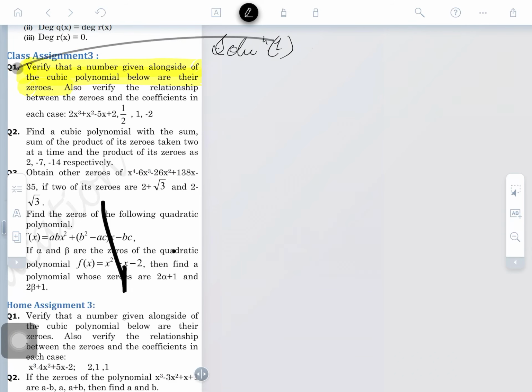So the polynomial p of x, what is p of x? The p of x is 2x to the power 3 plus x square minus 5x plus 2. This is the polynomial, and we have to check whether 1 by 2, 1 and minus 2 are the zeros or not.